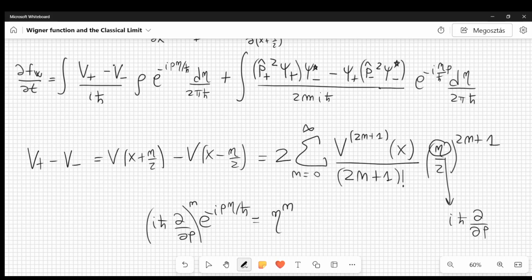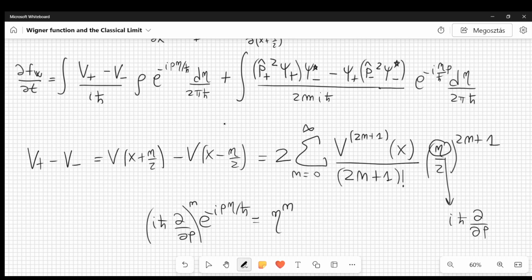Because after we rewrite this expression as a power series, we can replace eta by means of this operator, and therefore it's as if we can take this part outside of the integral. Of course, we have a series, but after that we can integrate this term here, and we can get back our function f_W.